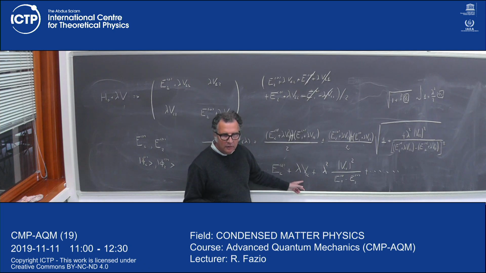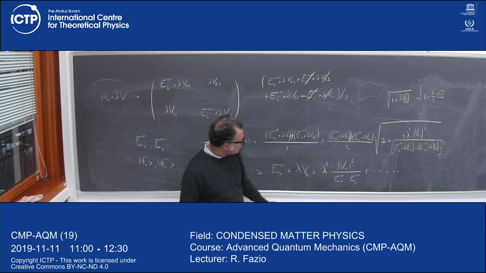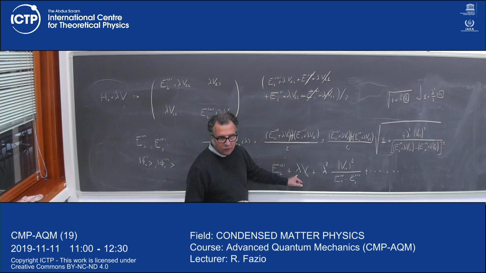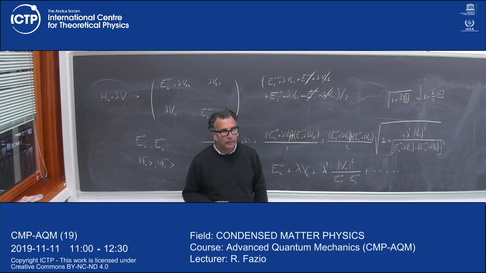So what does it mean small? The ratio of this term to that term is smaller than 1. Right. So this means that lambda should be much smaller than E02 divided by V22. So I have to ask if this is much smaller than this.